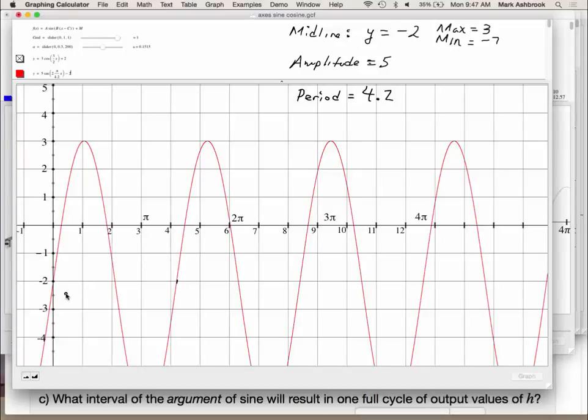At the 3 o'clock position, we're at the middle, and then we go up to the max, back to the middle, down to the min, and back to the middle again. So if we want to do this most easily, we're going to use sine. So sine of something, and since the midline is at -2, we're moving the whole sine down 2. So it's going to be -2. There's our midline.